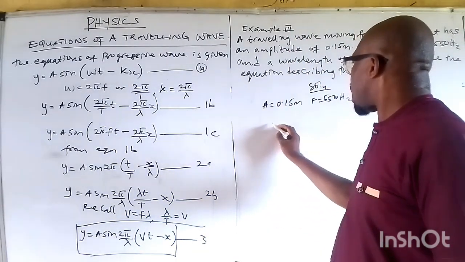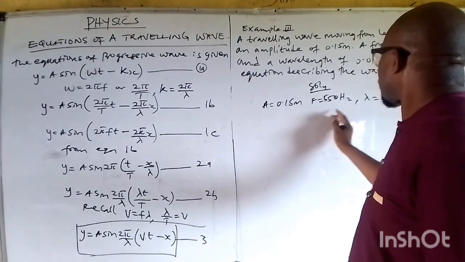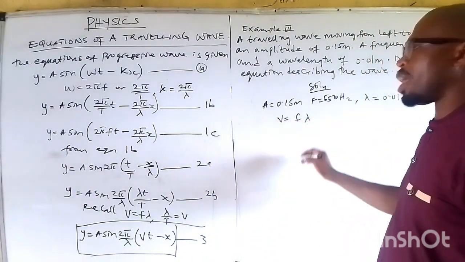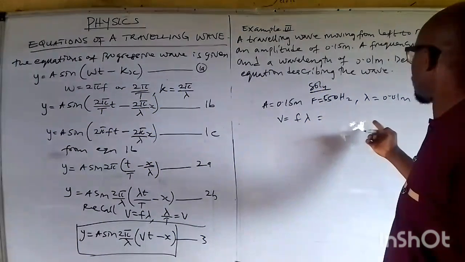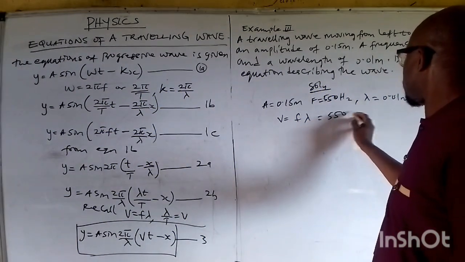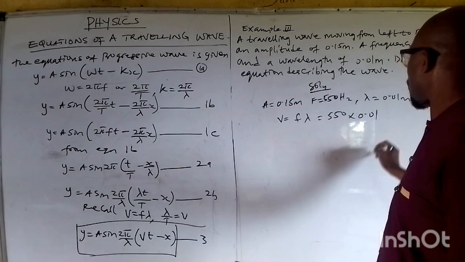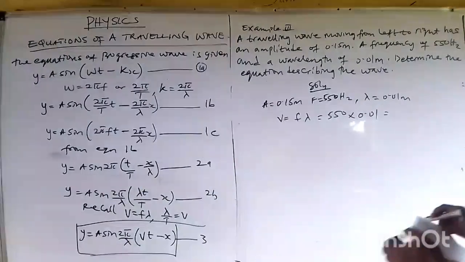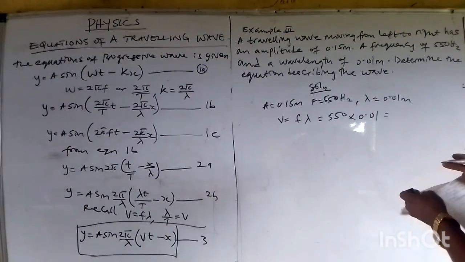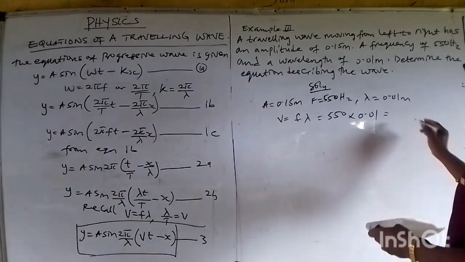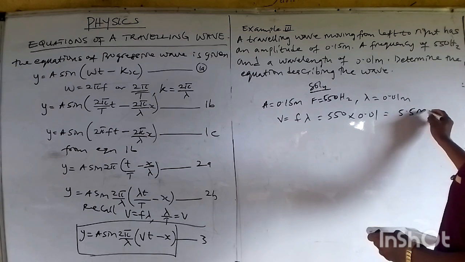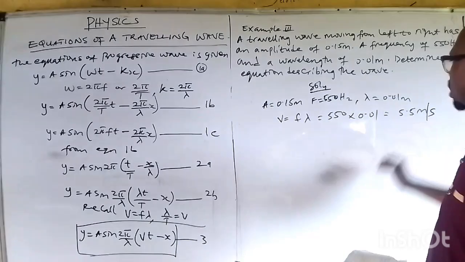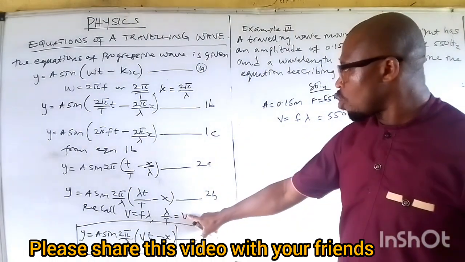So from here, we can calculate V. V is f lambda, which will give us 550 times lambda, 0.01, which will give us, from calculation, 5.5 meters per second, please. Having gotten V, we can go ahead to use this equation.